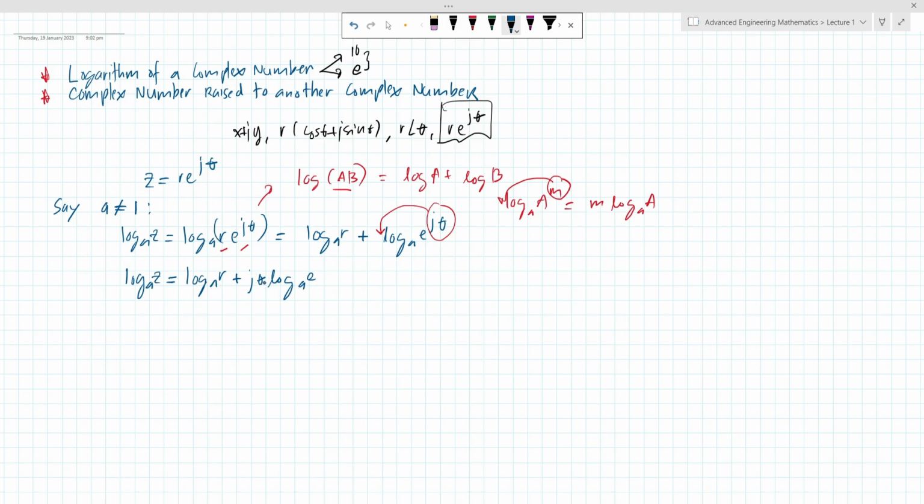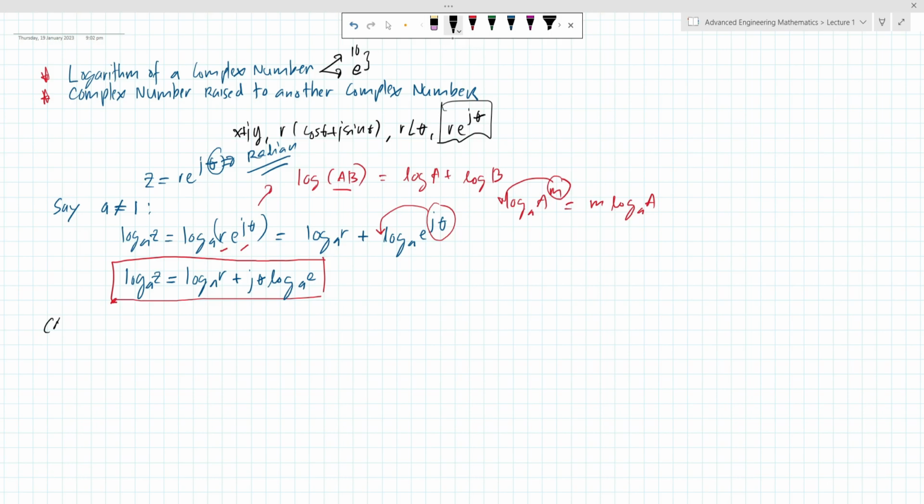Take note, guys, always remember that our theta here is in radian units. Don't forget that. So this is our general form for the logarithm of a complex number. Now we can go to the first case.